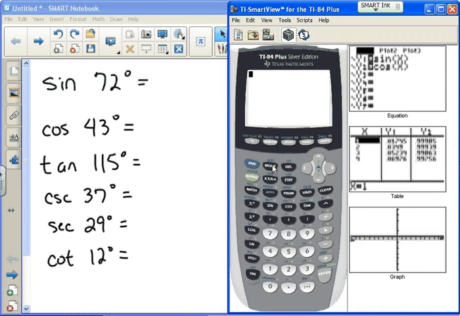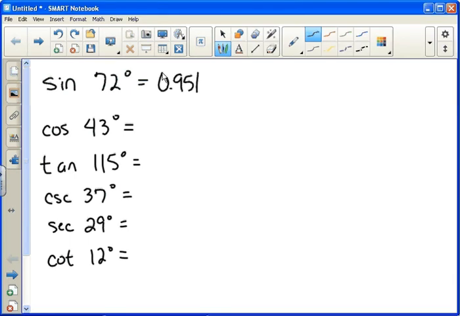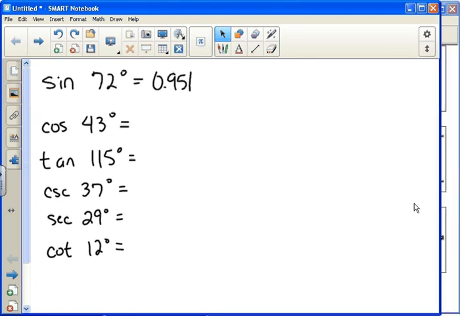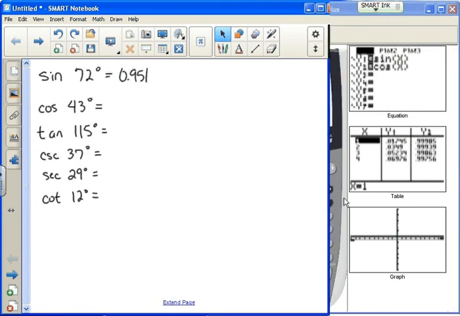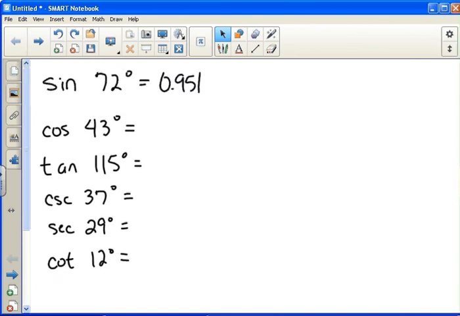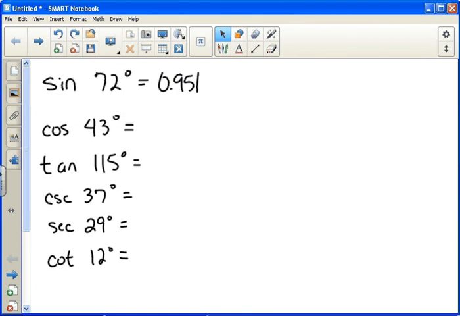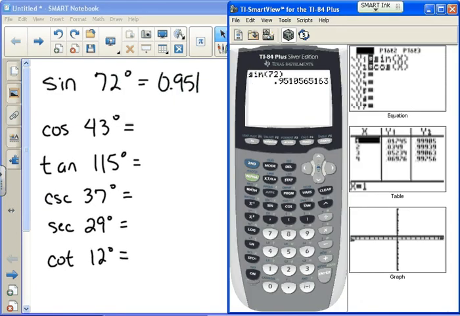So just type in sine of 72 and hit enter. You get 0.951. Alright, and let's see the calculator again. We do cosine of 43 degrees.